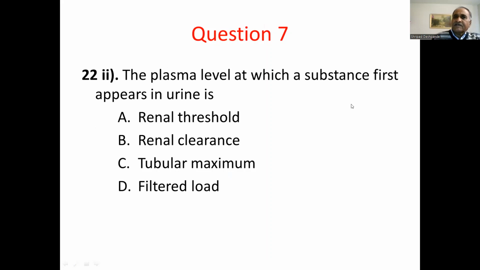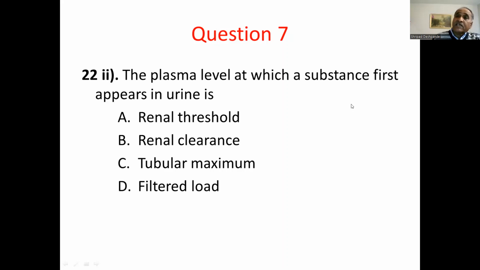Definitely, when it appears first in the urine, a plasma level, this is certainly the threshold. It's not a clearance. Clearance is the amount of plasma cleared of its content, whatever the content, substance X, from the plasma.